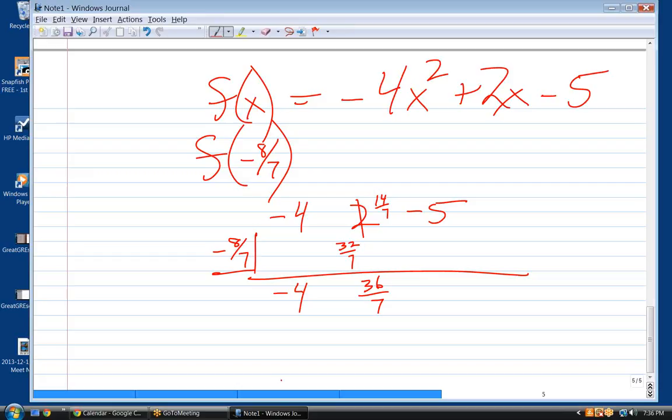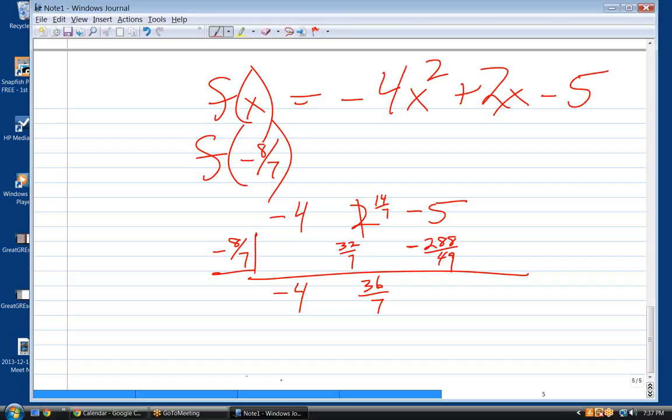Okay. So, it's not even anything you can shortcut cancel. It's straight multiplication. So this is minus 288/49.